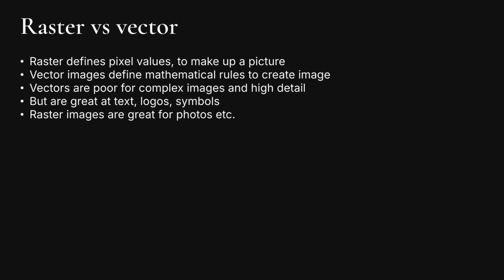And in terms of raster and vector, we said about this a bit before, but raster is basically pixel values. You make up a picture. Vector images are mathematical rules, so they're literally lists of let's make a curve. It uses these mathematical rules in much the same way as you make curves in physics and maths. So you have advantages and disadvantages of both. Vectors are very bad for JPEGs, basically, like photos. Anything with a lot of detail, or if you want pixel by pixel detail.